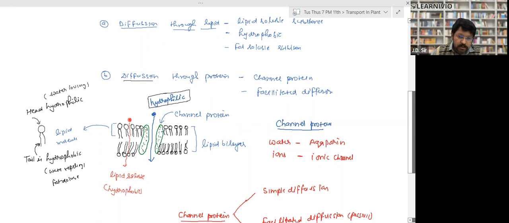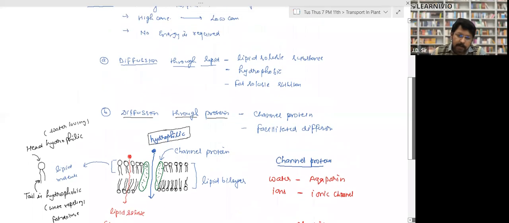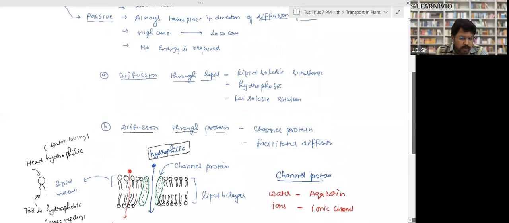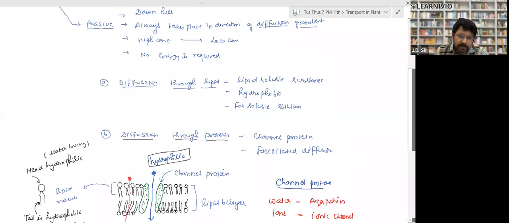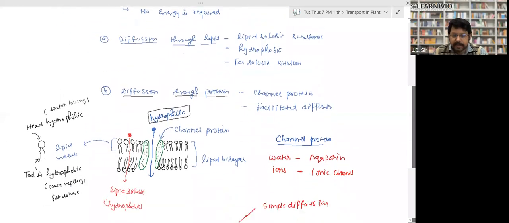Diffusion of those substances takes place with the help of these proteins, called channel proteins or carrier proteins, from higher concentration toward lower concentration. So in the passive way, diffusion takes place with the help of two things: diffusion through the lipid and diffusion through the protein, right? Now tell me, is it clear or not?